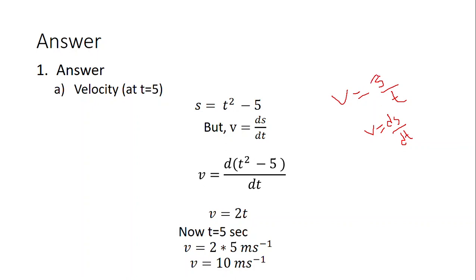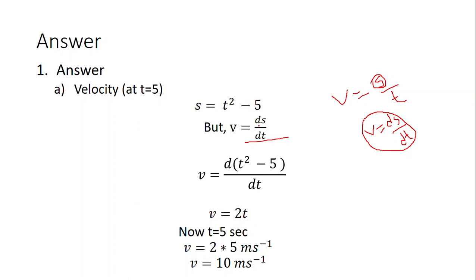Here displacement means the distance difference, that means one point to another point. You need to calculate the difference between this point and this point. So for that we can write v is equal to ds divided by dt. So we can convert this equation into differentiation.